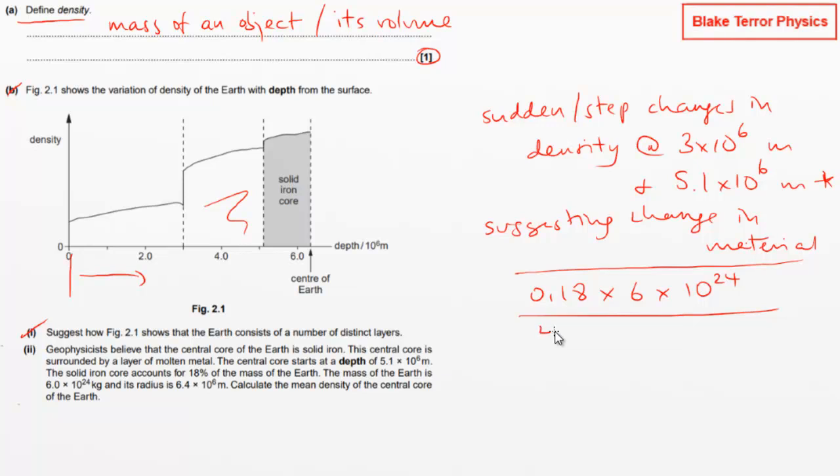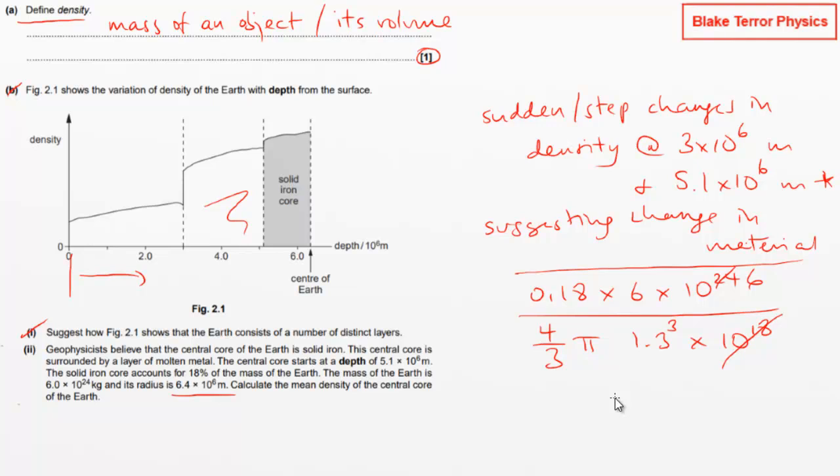And then the volume is going to be 4/3 pi, and then we want the radius. Well, they've given us the depth. And where's it got the radius? Oh, there's the radius. So that's 1.3 times 10 to the 6, 1.3 cubed times 10 to the 18. So we can cancel a few bits there, and then we got a little bit less to put into the calculator.